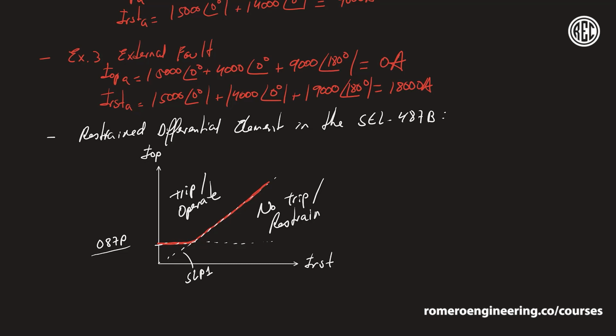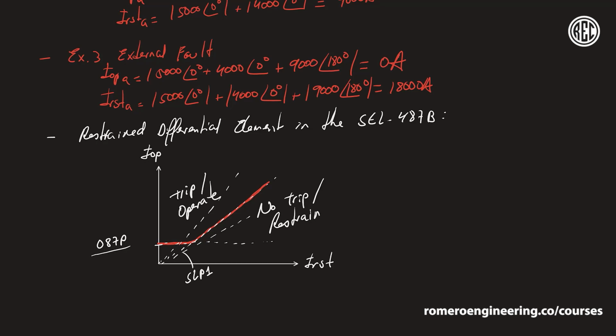In other words, if you have a higher setting, then the characteristic will look like this, or you can change it and make it like this. So you can make different settings, basically make it more sloped or less sloped. And you can also play with this 087P setting, which defines the minimum amount of differential current that needs to be in place before the relay even considers comparing to the slope setting.